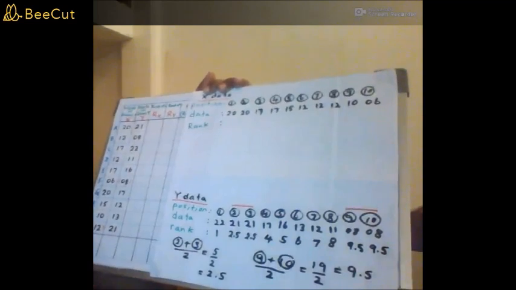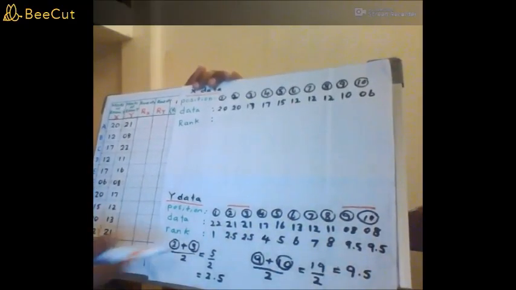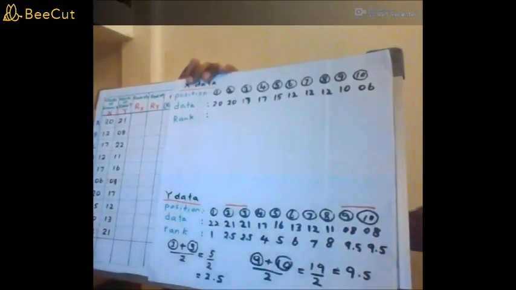So that is 9.5. So the rank is 9.5 for both of them. Put 9.5, 9.5. Okay. So you can't say there are 10 students at the 10th position. No. The rank is 9.5. Right. So that's the way to do it.